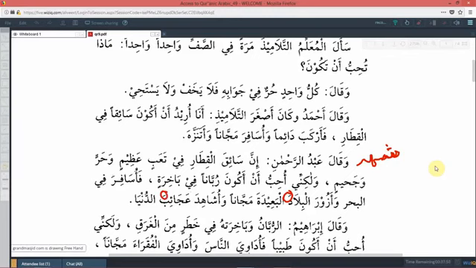I will see strange things. The plural of ajiba. Right? Ajaib, strange things, or amazing things. It doesn't have to just be strange, it could be just amazing as well. Ajaib ad-dunya, the amazing things in the dunya.